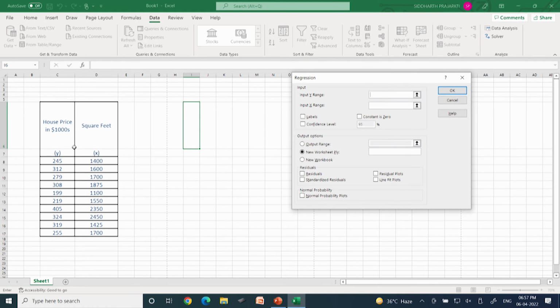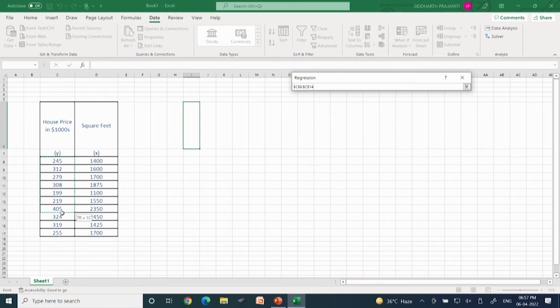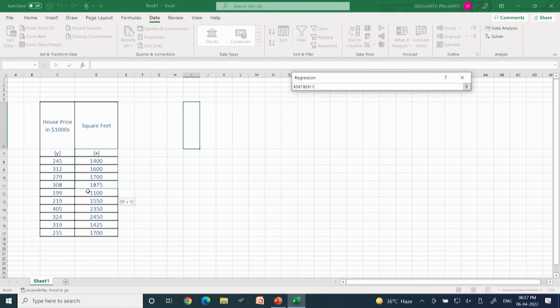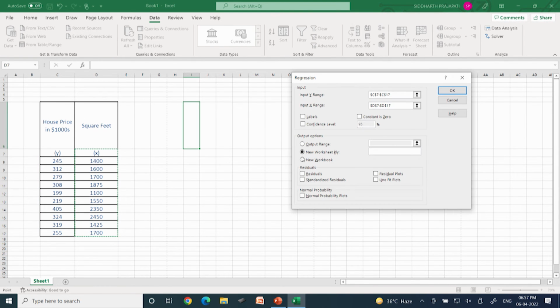Select the y values including the y label, then you select the x values. There is a label, check the label, check the confidence level.